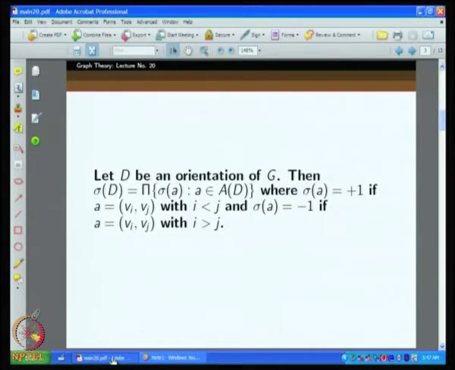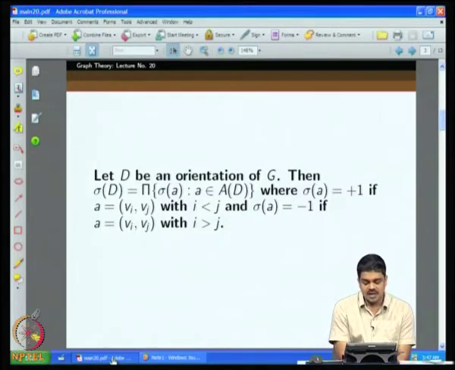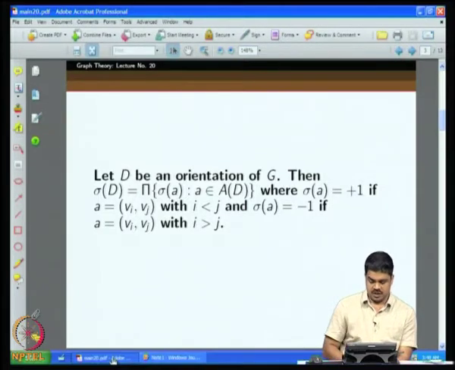How do we define the sign of a directed edge? Sigma of A, being a directed edge, is equal to plus 1 if A is equal to vi vj, where i is less than j, that is directed from the smaller index to the higher index. Similarly, it will be negative if the edge is going from the higher index to the lower index.